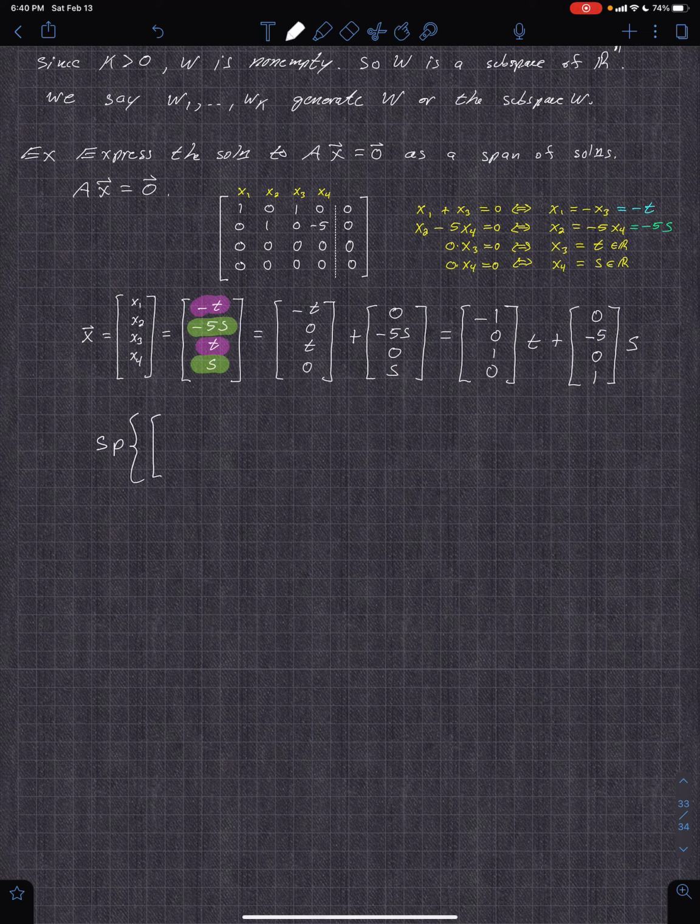There we go. Of negative 1, 0, 1, 0, comma, and then 0, negative 5, 0, 1. And that's what they're referring to as a span of solutions. So this is called the solution space.